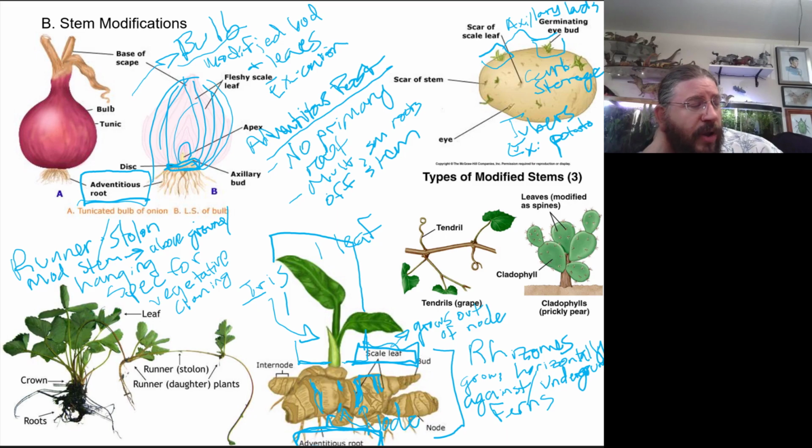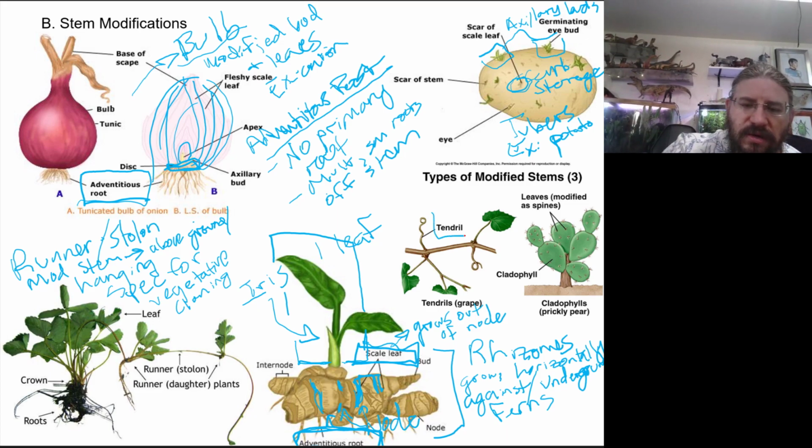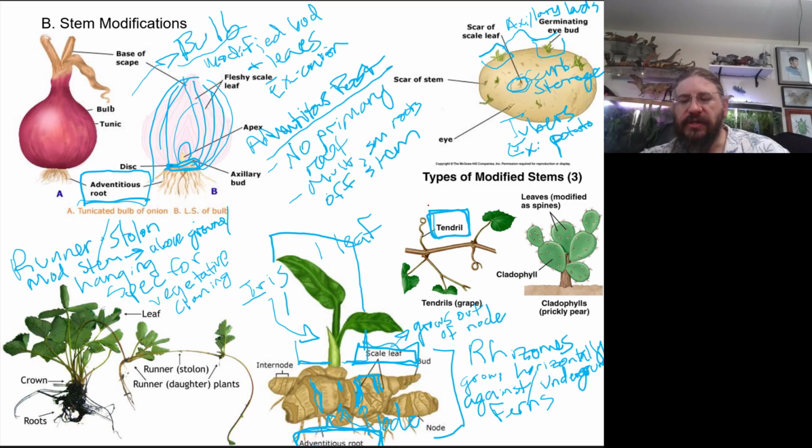When a plant is growing its tubers, some of those might be on the surface and actually manage to leaf out. Most of those tubers are going to be underground, and those leaves will drop off and leave little scales. So, scale leaves again. More modified plants. Tendrils. Tendrils aid in climbing.